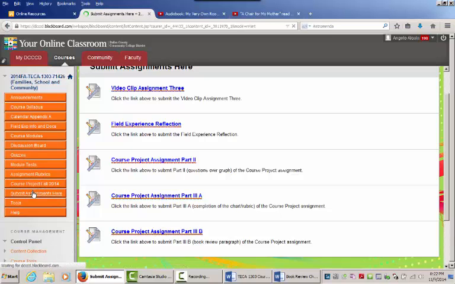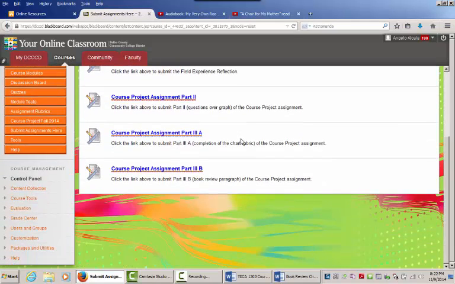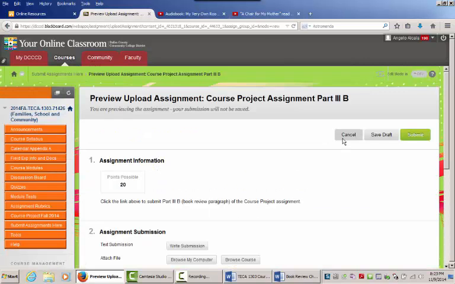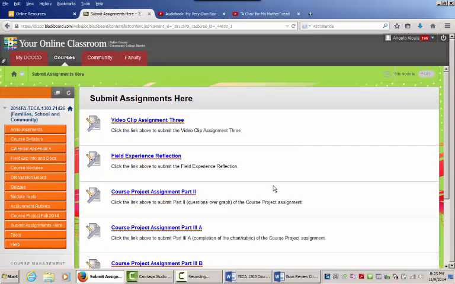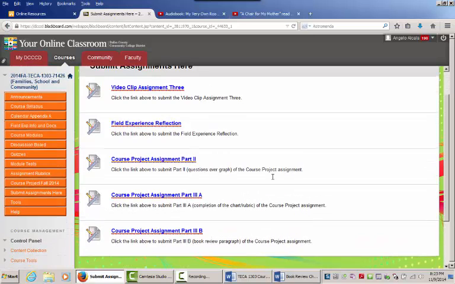But once you've done that, if you have time, get the document that they've helped you write, and go to the link down below here, and you will attach that, and that will be the last part of the course project.